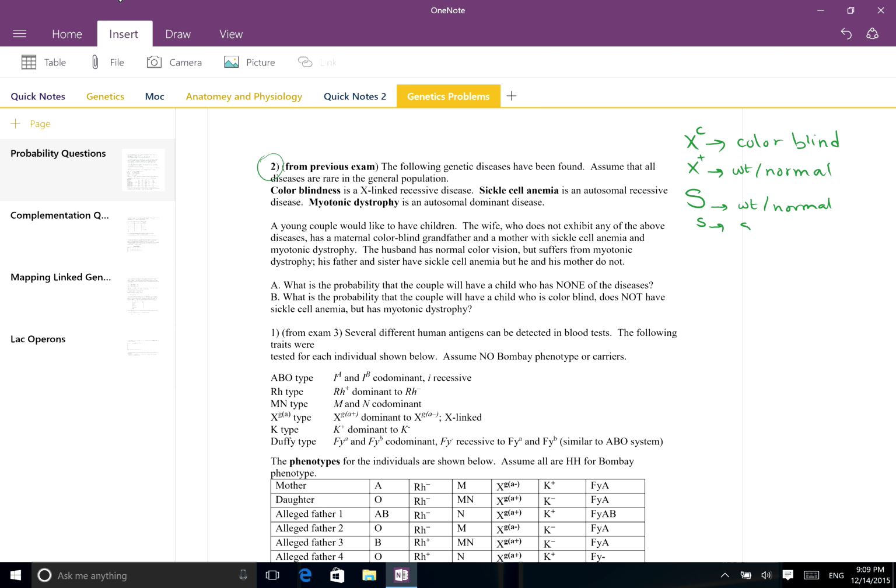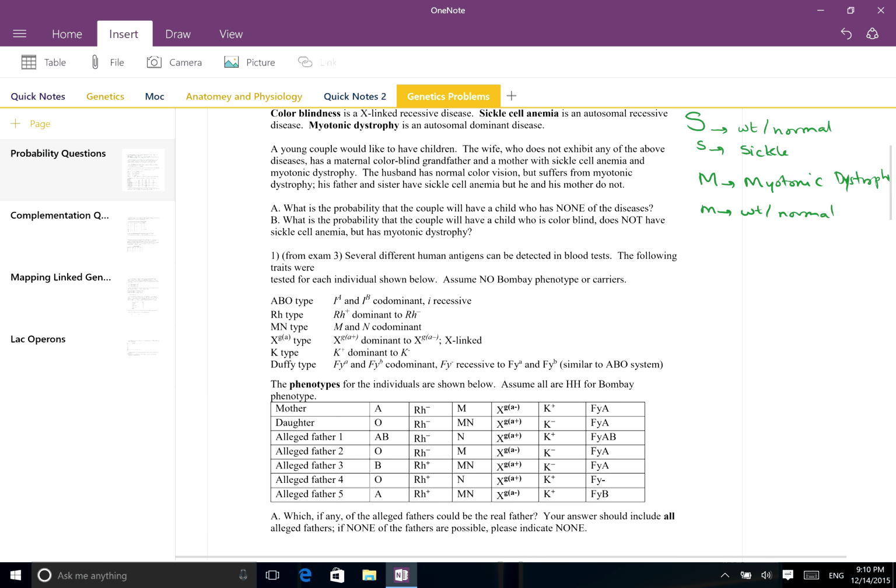And the small s will be for sickle cell, since it's recessive, so it's lowercase. And then myotonic dystrophy is dominant, so the capital M stands for myotonic dystrophy. I think I misspelled it. And small m is for wild type or normal again.